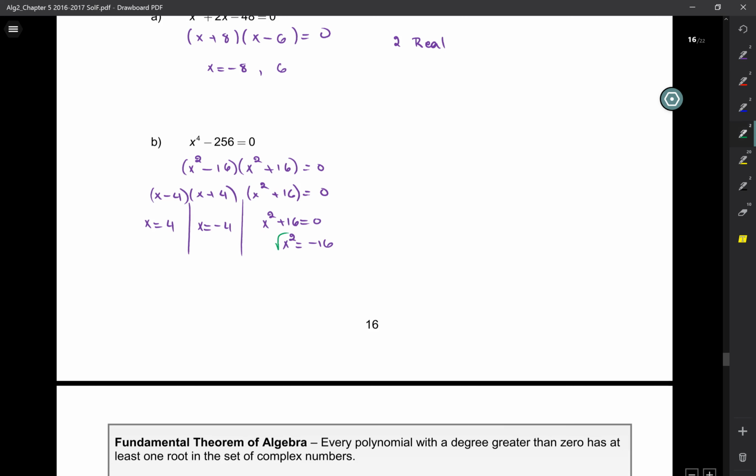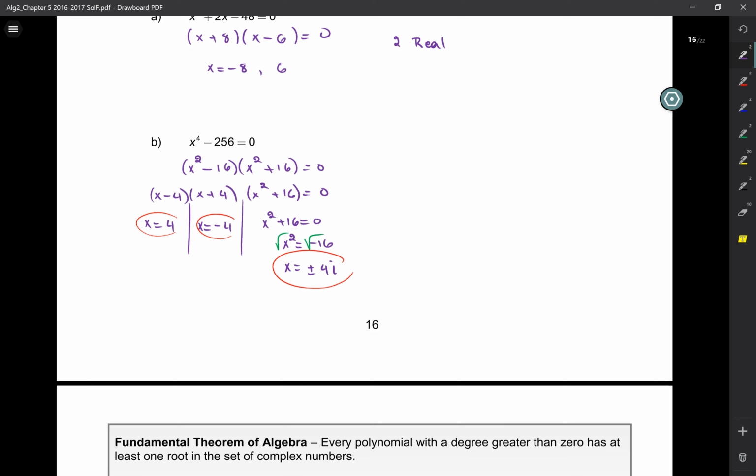And now when I take a square root of both sides, x is equal to plus or minus 4i. Now, how many total solutions here? 1, 2, 3, and 4. Positive 4i, negative 4i, positive 4, negative 4. So there are 4 total zeros.